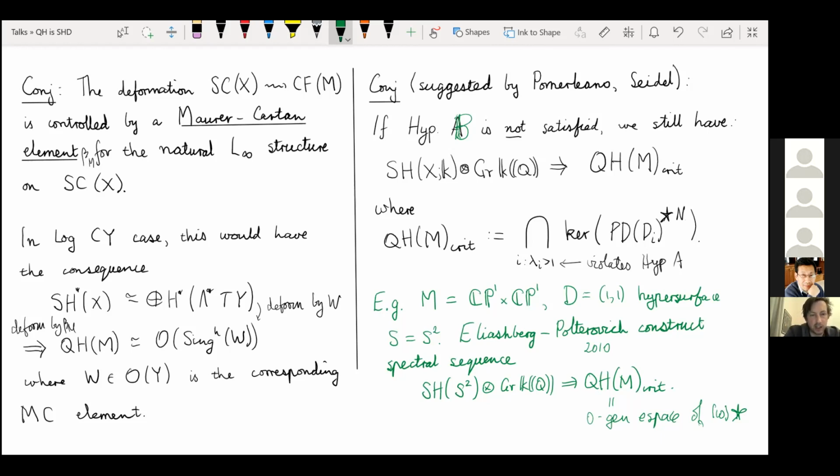And when it's just a function, then by definition this deformed cohomology is precisely the ring of functions on the derived singular locus.